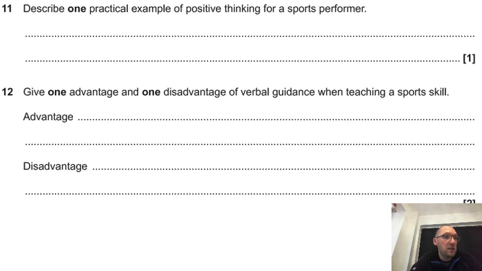Now, a disadvantage of verbal guidance: information may be incorrect or misleading, can lead to misunderstanding, confusion, or could be misheard, or information is unclear, difficult for the performer to create a mental picture or to know what is required, or different for kinesthetic learners.